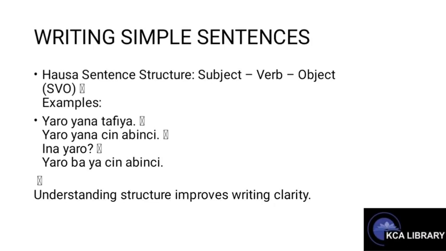You start with the subject, the doer of the action, then the verb, the action, and then the object, the receiver of the action. Example, yaro yana tafiya. Yaro, as we learned in a previous module, means boy. Yana tafiya is walking.